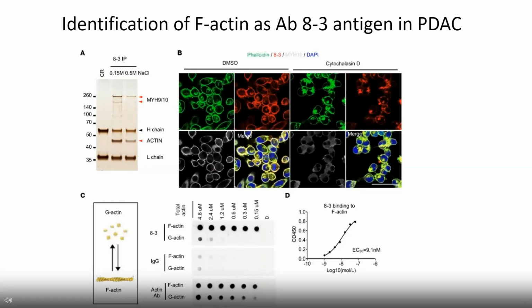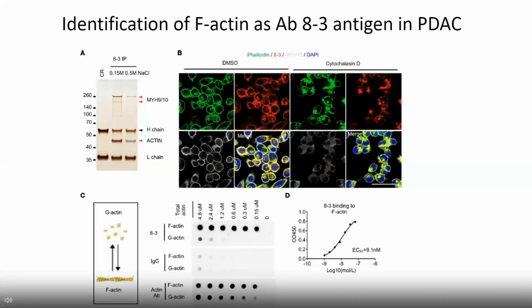When we treated the F-actin network with the drug cytochalasin D, in this case the F-actin was destabilized. Now you can see by phalloidin staining and also our antibody 8-3 staining, they are still co-localized with the destabilized F-actin, but then they're no longer correlated with myosin 10, indicating F-actin is likely the candidate.